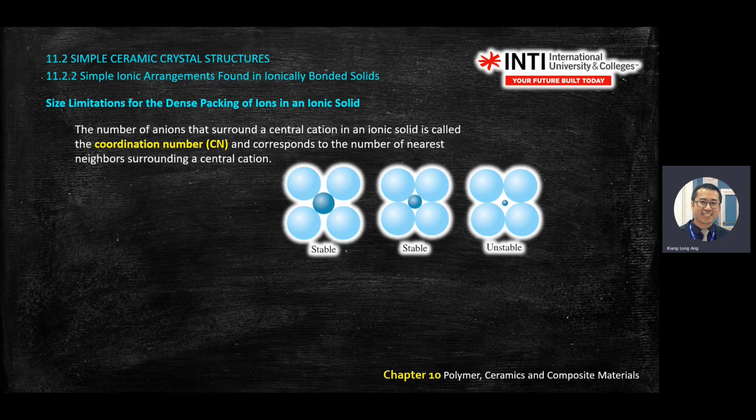Same with this one and this one. If you look at the table and the size has a very big gap, then it becomes unstable. If too large, also unstable. Rather, you are squeezing the space there, giving stress to the surroundings.